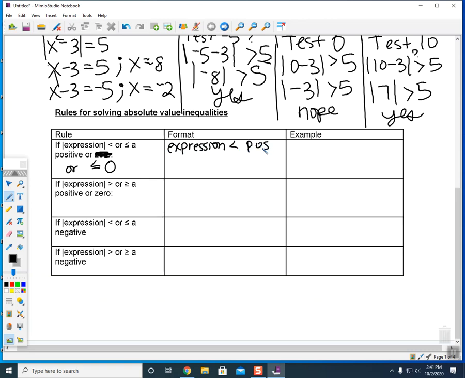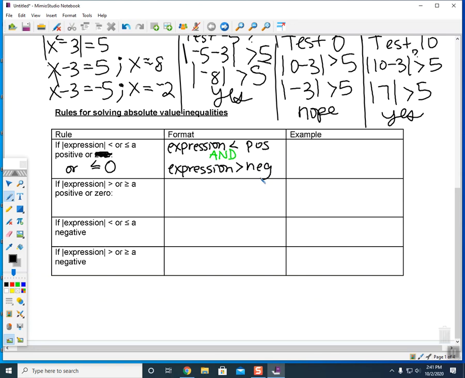And then I'm going to highlight this, and my expression is going to be greater than or equal to my negative number. That "and" is important, right?